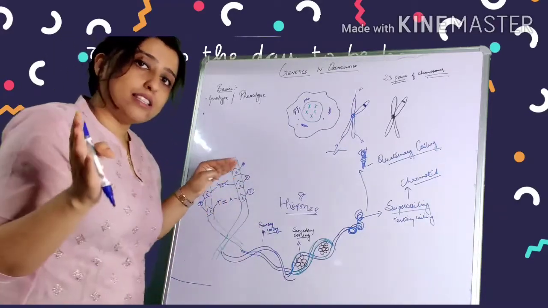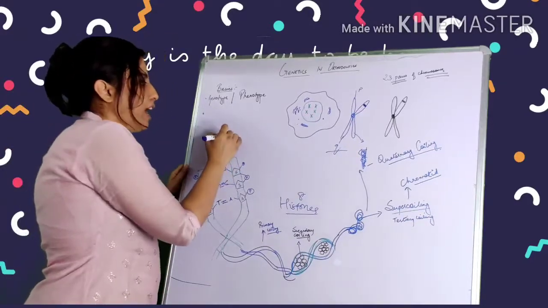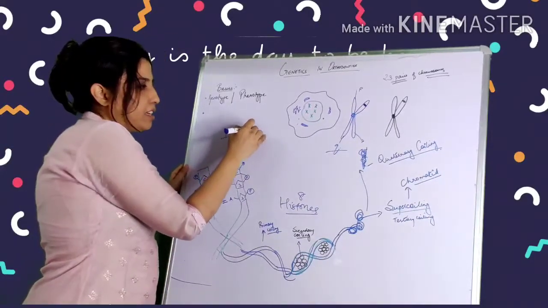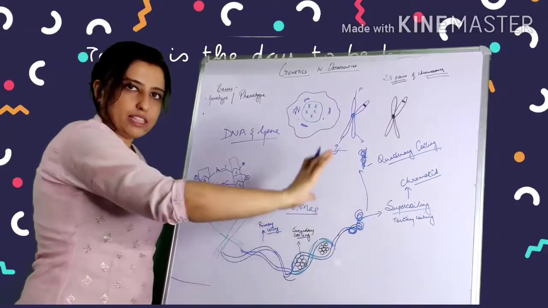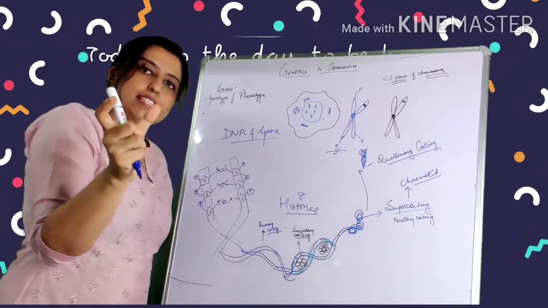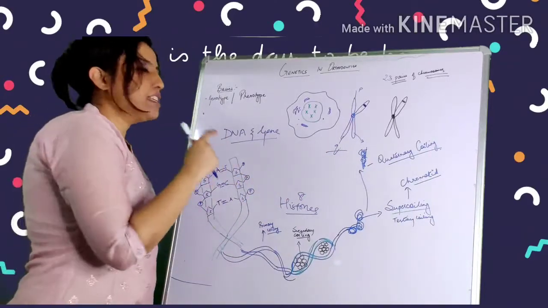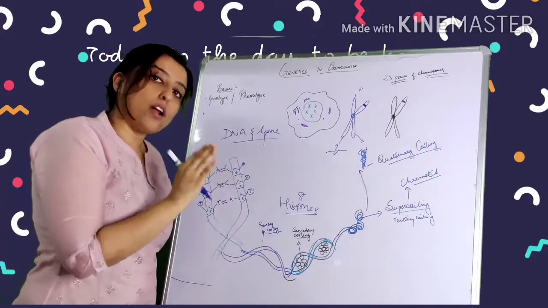Now what is the difference between DNA and gene? Gene and DNA, I have given that in the PPT. Now DNA, I told you, is a molecule. It has 2 strands and it's intertwined. If you take a segment of DNA that is responsible for some characteristic in the organism, then that is called a gene.